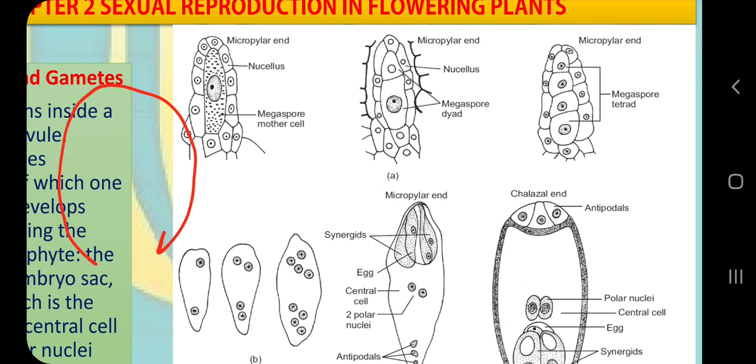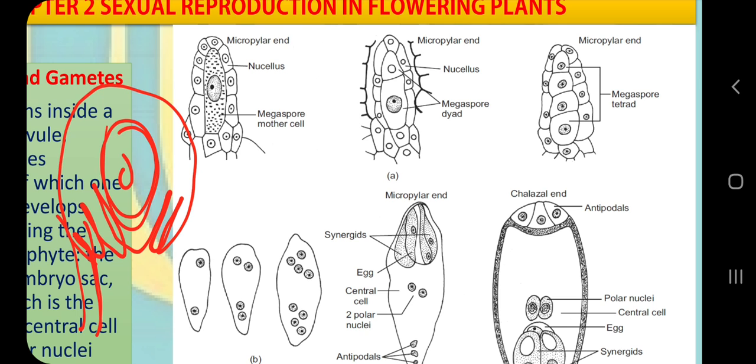This was the ovule in that diagram, and here was the megaspore mother cell. This connection I wanted to convey.